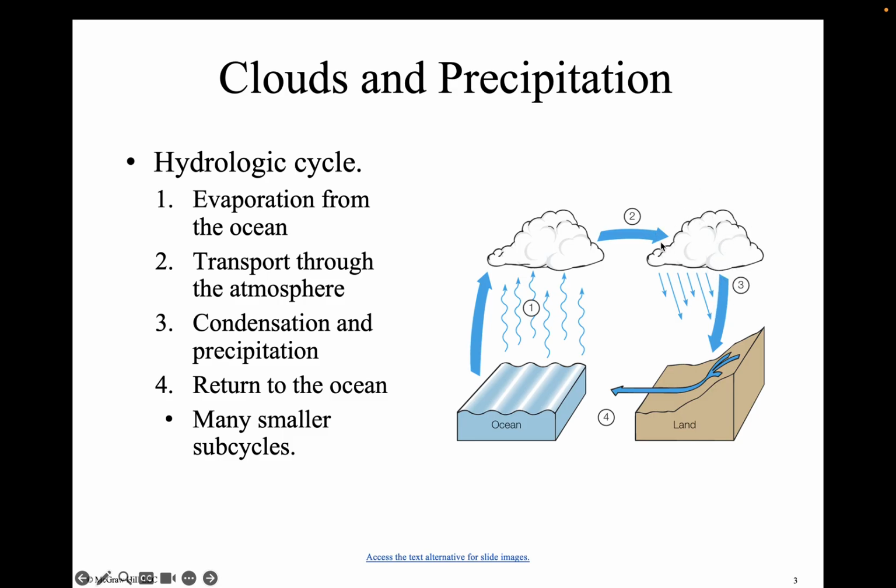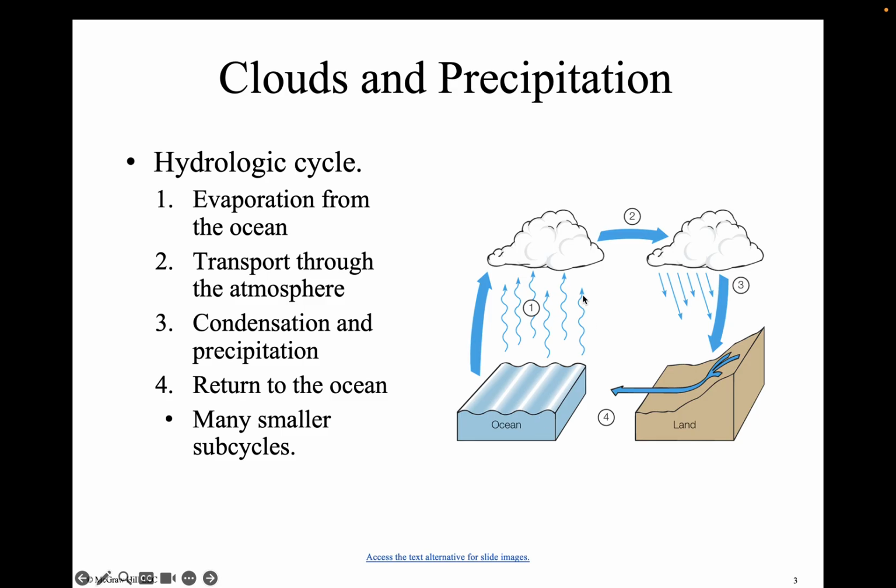Remember that the condensation here will happen when the water reaches that dew point temperature. And then once it precipitates to the land, then the water returns back to the ocean, right? So it will find rivers and other streams, and then those rivers and streams will go back eventually to the ocean.